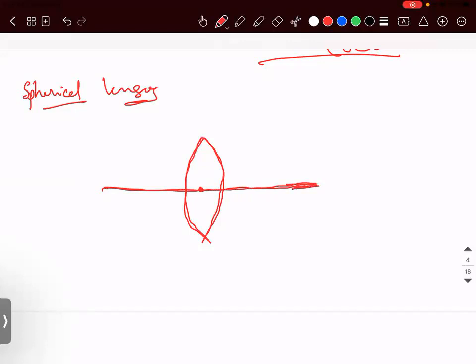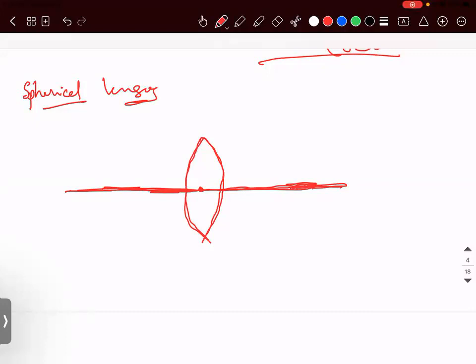If a ray is entering like this, what will happen? Refraction. What is the angle of incidence here? 0. So it won't bend. We consider n1 sin theta 1 equal to n2 sin theta 2, sin 0 equal to 0. Then again, on refraction it won't bend.